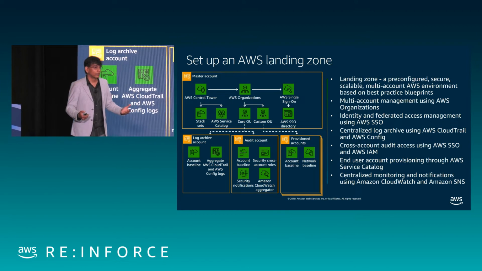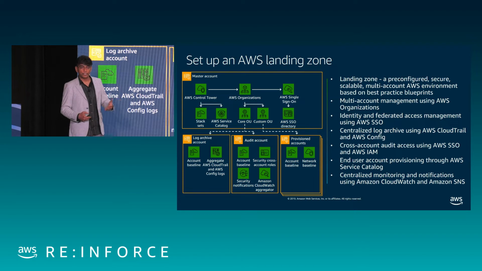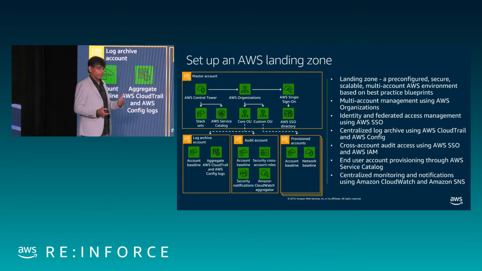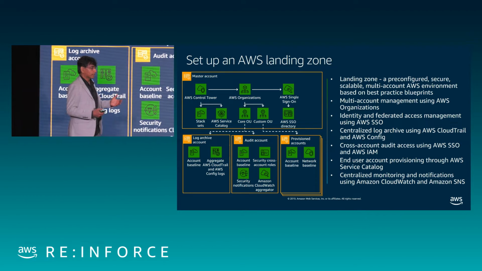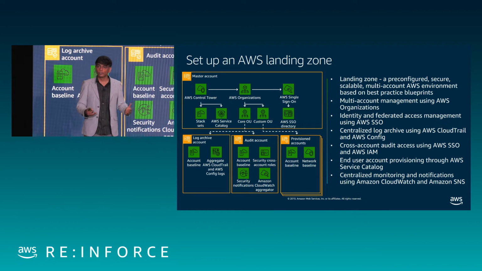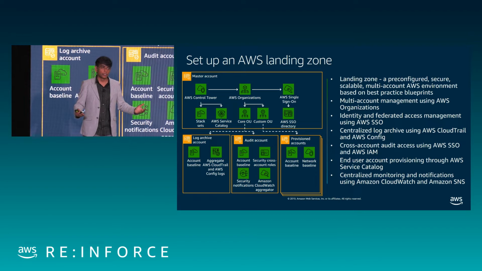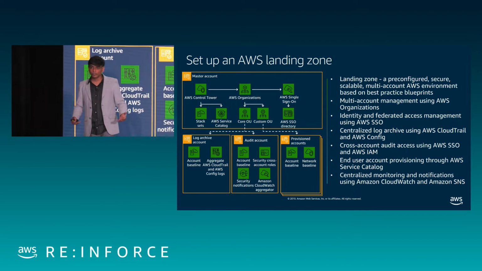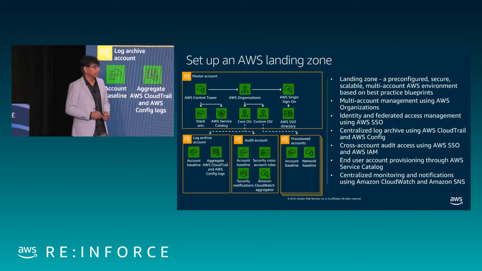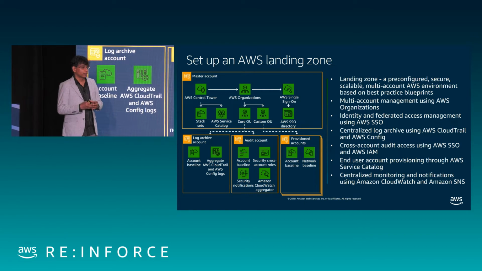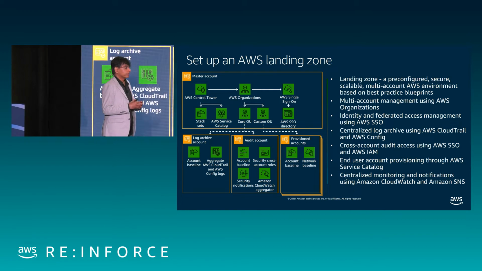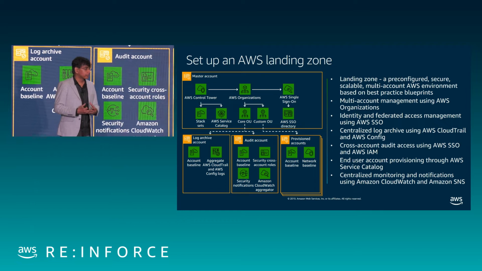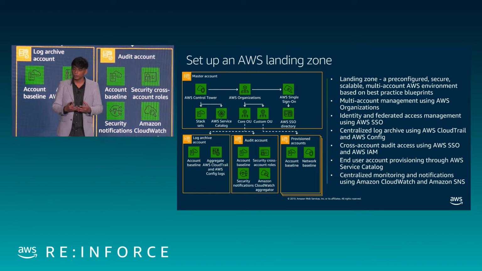So you really don't need to worry about having all your new accounts being set up for logging. And once you set up the central log archive, this becomes your single source of truth for all your security and account activity logs within your enterprise. And these are accounts that you should consider locked for special roles and special people in your organization that you give access to.